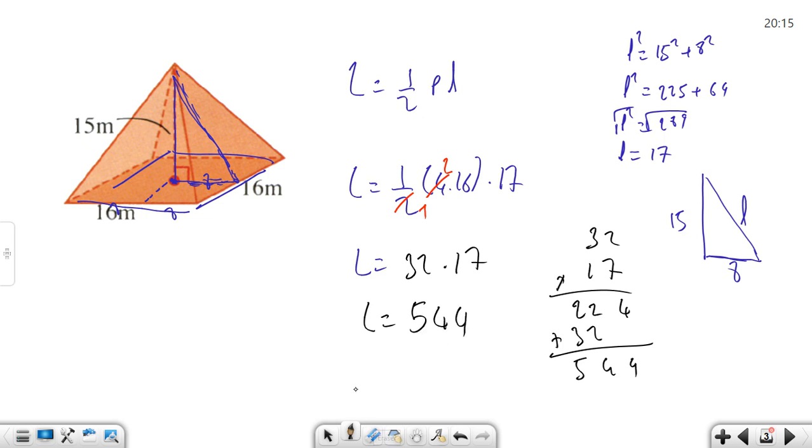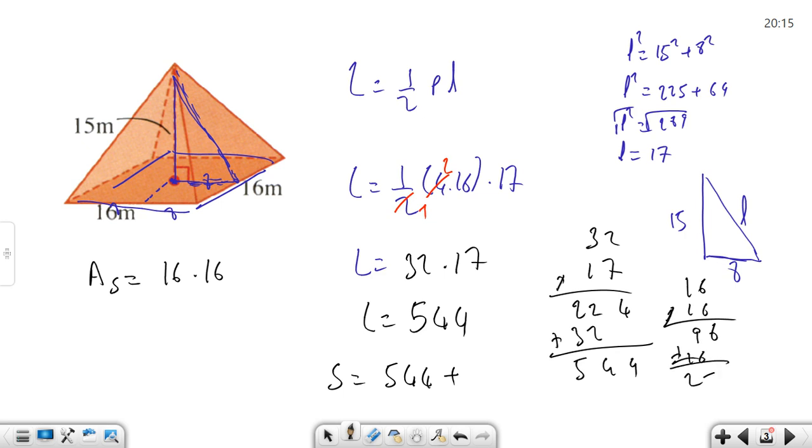Lateral area equals 544 meters squared. So surface area equals 544 plus the area of the base. What is the area of this square? It's equal to 16 multiplied by 16. 6 times 6, 36. 6 times 1, 6, 9.